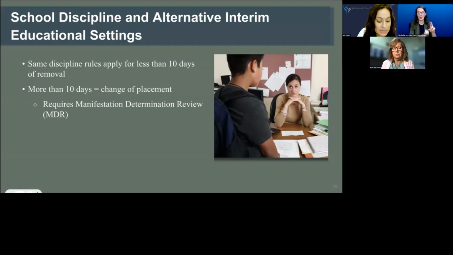Disciplinary removals for more than 10 consecutive days or the removal of 10 non-consecutive days in the same year for misconduct constitute a change of placement, which triggers the protections of IDEA, specifically the requirement of a manifestation determination review. And we're going to talk about that in the next slide.